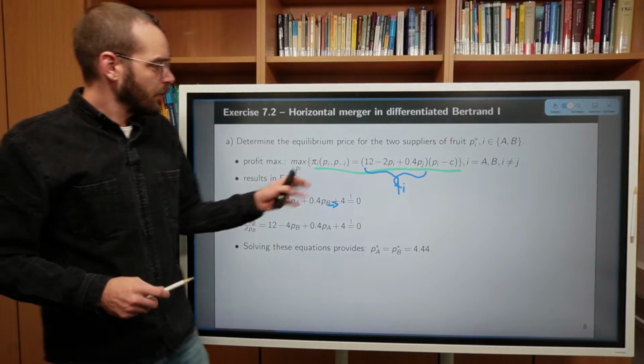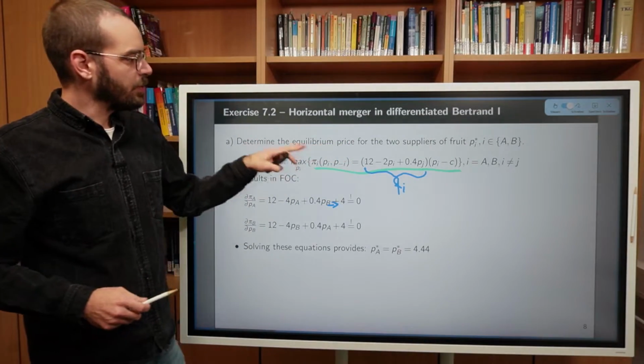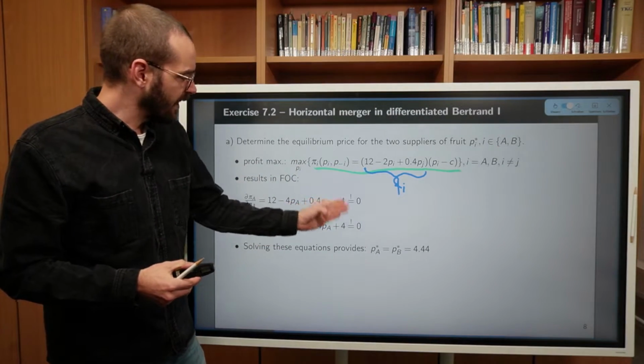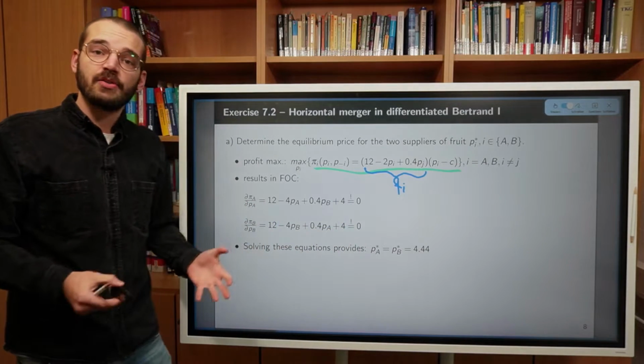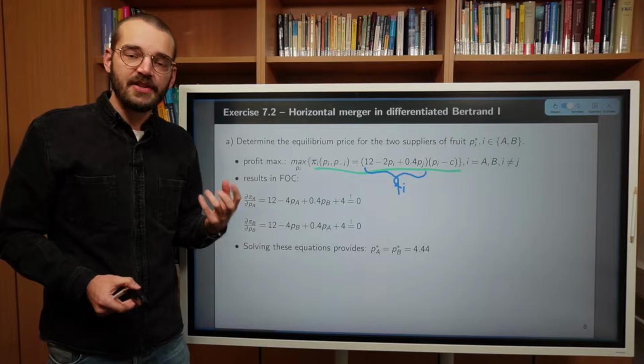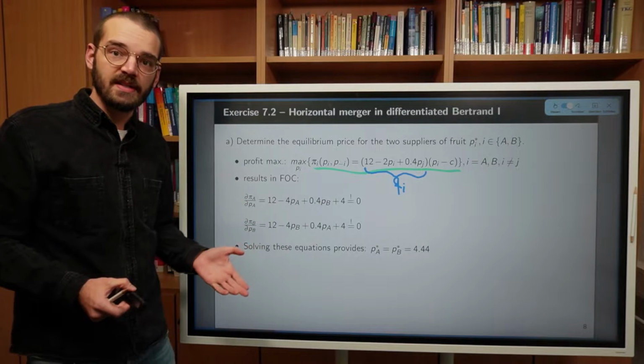All right, now given this profit function for both firms, we find the profit maximum. Because we are in a Bertrand competition by assumption, the profit maximizing strategic variable of choice is prices.